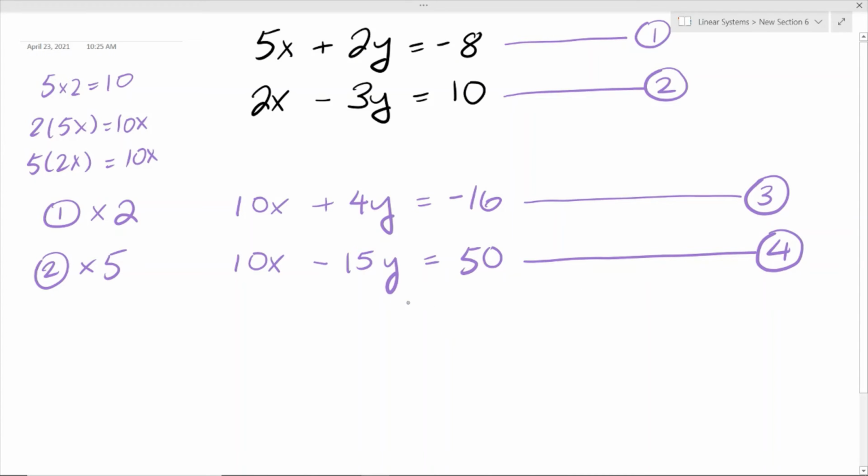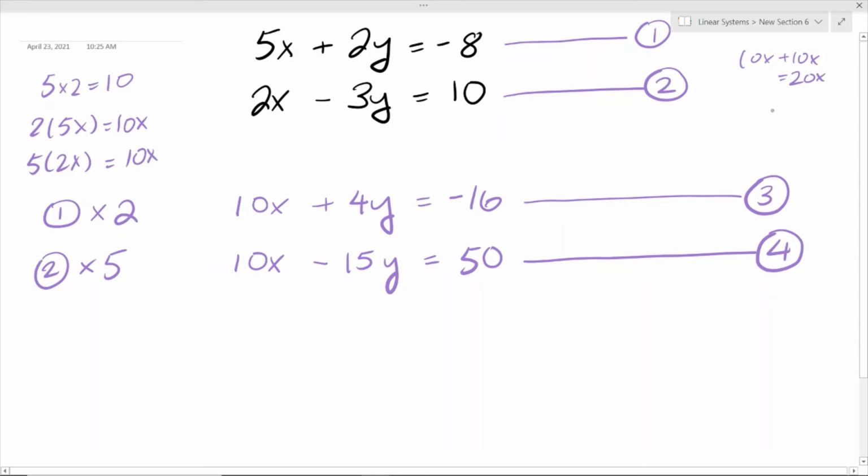And then what we can do is eliminate, right? As with the name elimination, we can eliminate this 10x and this 10x. We know that if we add equations 3 and 4, 10x plus 10x is going to give us what? 20x. It's not going to give us 0x, right?